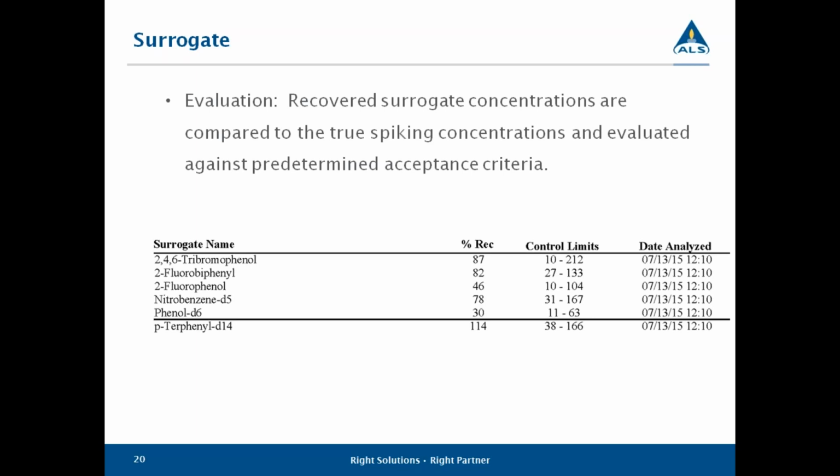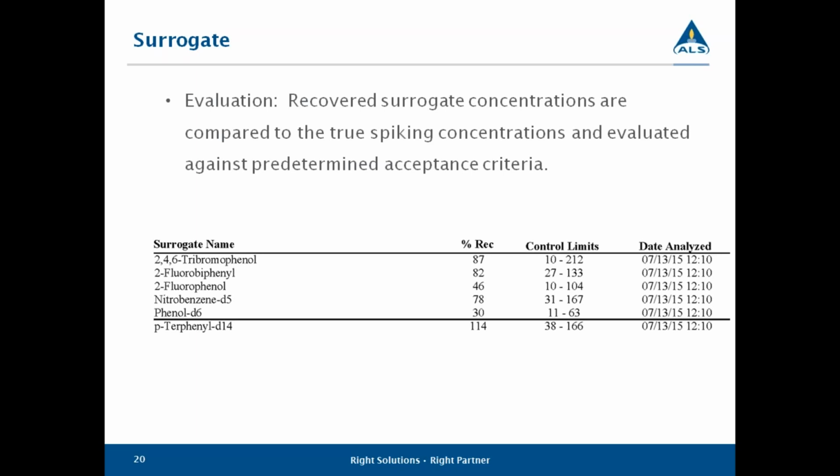Now, take phenol for example. Phenol is a common analyte, but we use a surrogate standard that's deuterated. It makes it a little heavy, but it's still phenol. So again, it's a very useful tool to find something very close to what the target contaminants are.